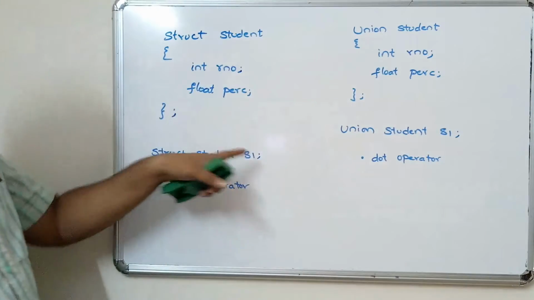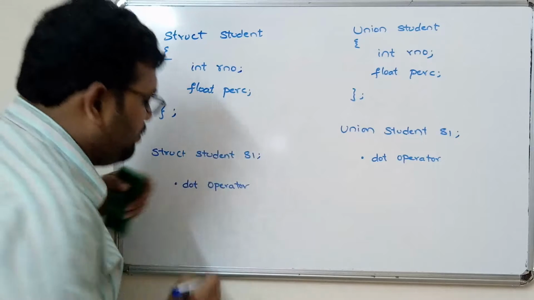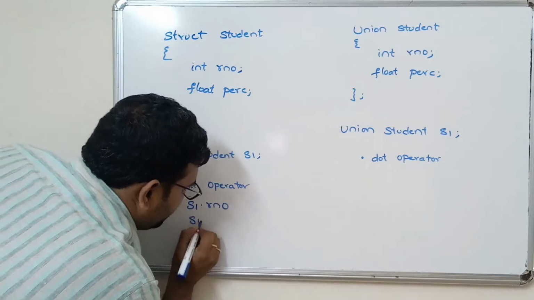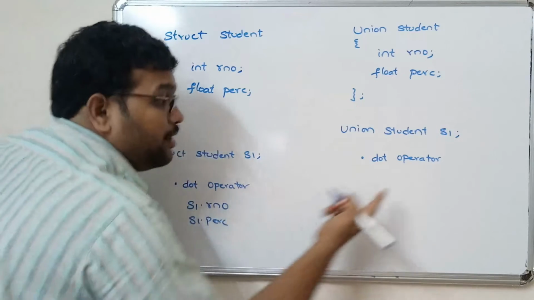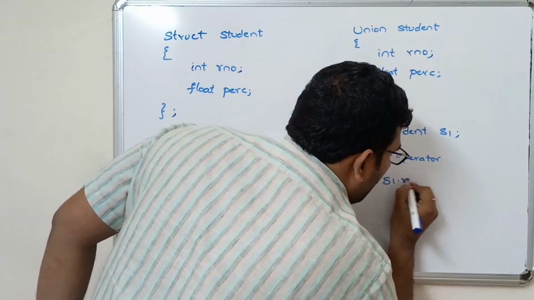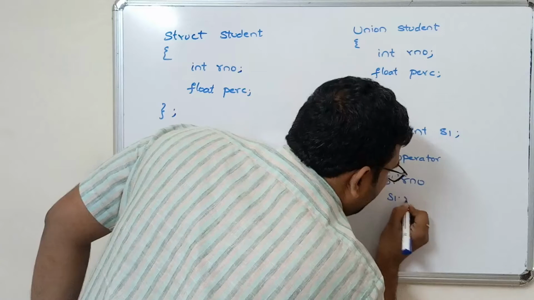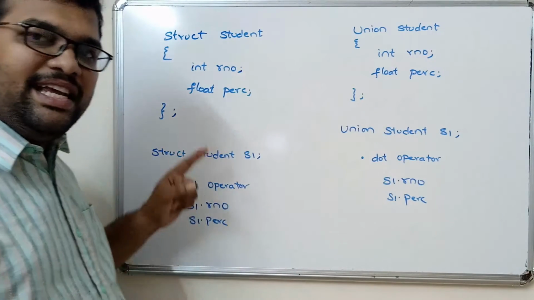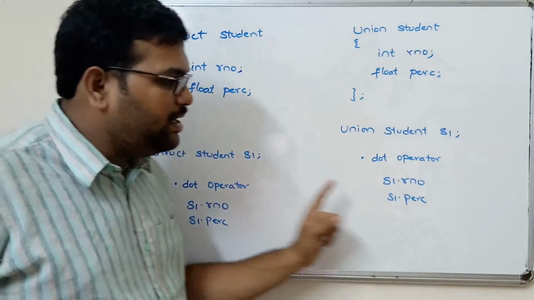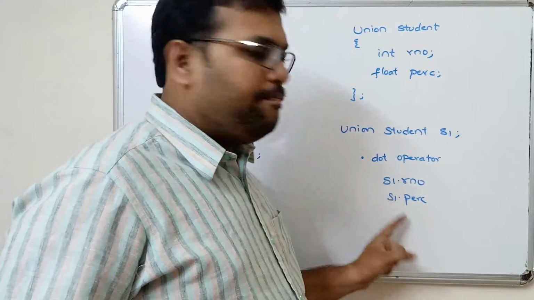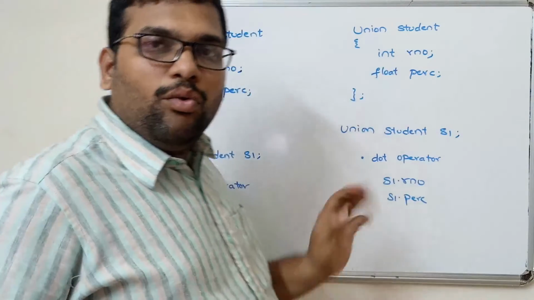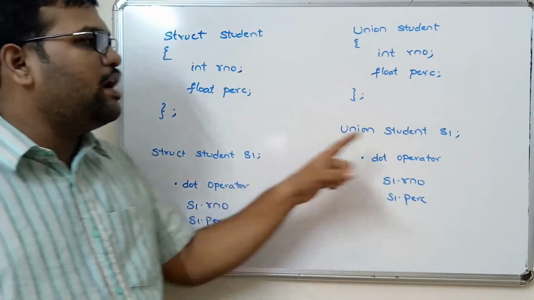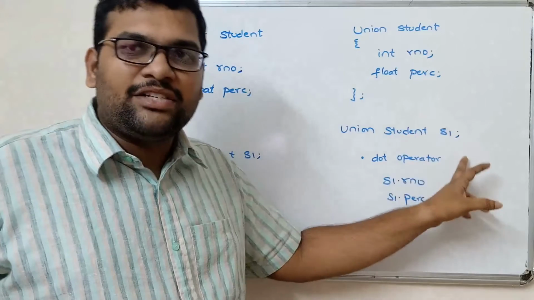So for accessing the roll number of a structure variable, we will use s1.rnumber, then s1.percentage. Here also the same: s1.rnumber, s1.percentage. The only difference is that here s1 is a structure variable, and here s1 is a union variable. Now how much memory is allocated for struct s1 and how much for union s1?